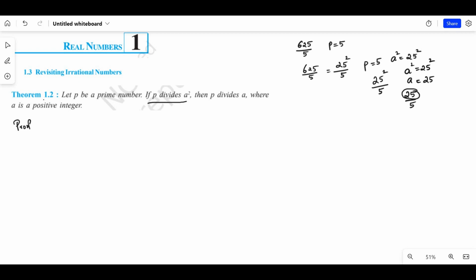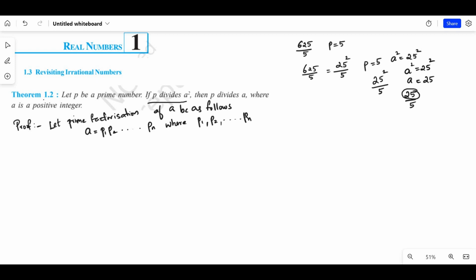Proof. Let's write A as the product of its prime factors. Let the prime factorization of A be as follows: A is equal to P1 times P2 times etc. Pn, where P1, P2, etc. Pn are prime numbers.